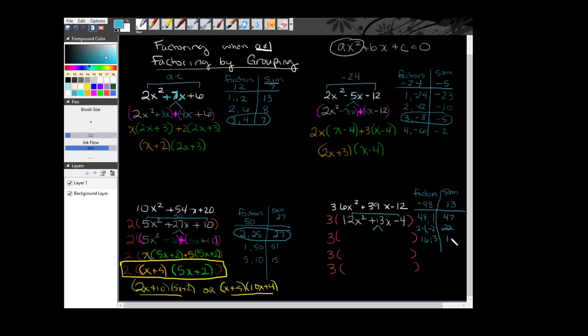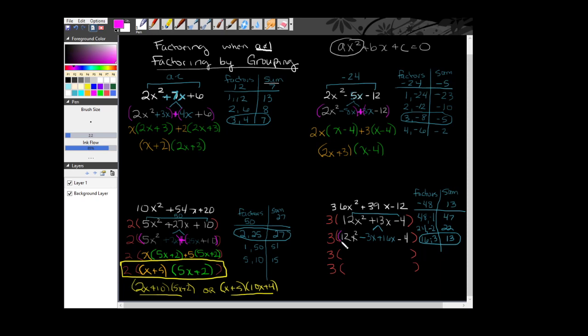And 16 minus 3 is 13. So I can stop there because I've already found my value. So this 13x, I'm going to call it negative 3x plus 16x. This problem still has a 12x squared, and it still has a minus 4.